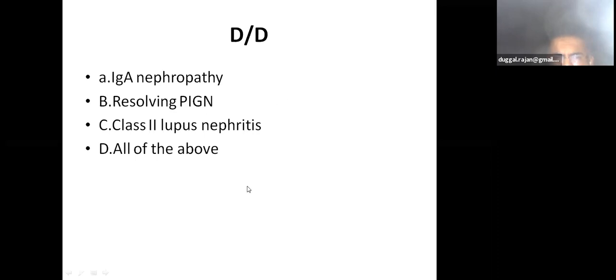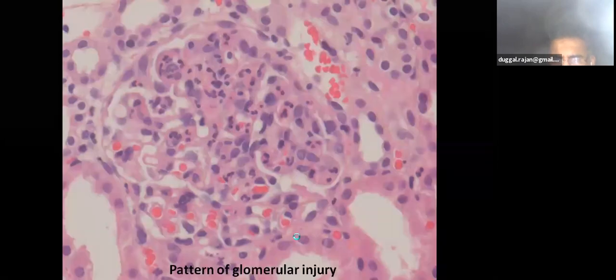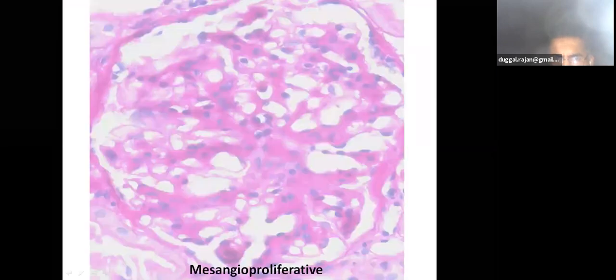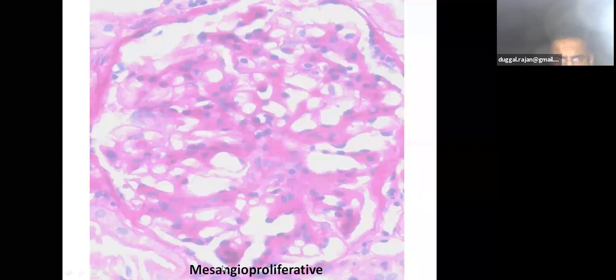IgA nephropathy, resolving PIGN, class 2 lupus nephritis, or all of the above? So the answer is D, all of the above.